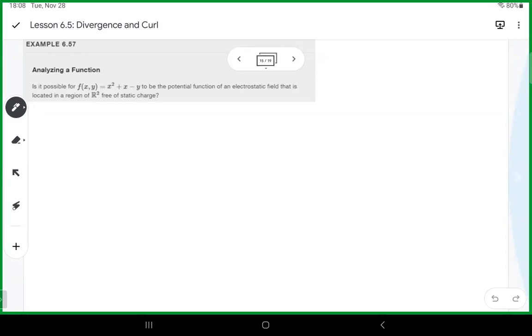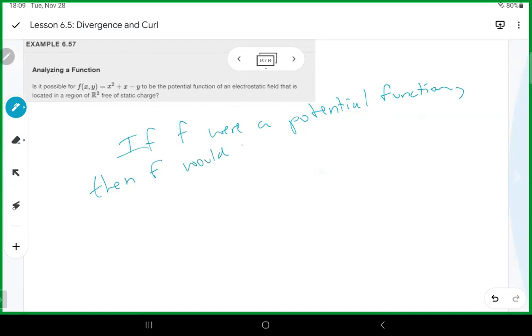So if F were a potential function, then F would be harmonic.